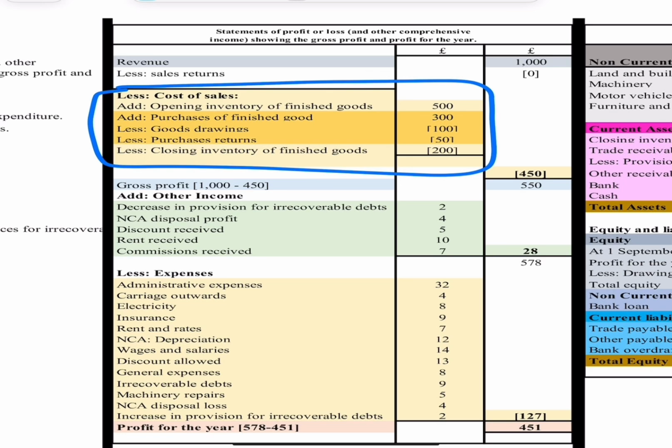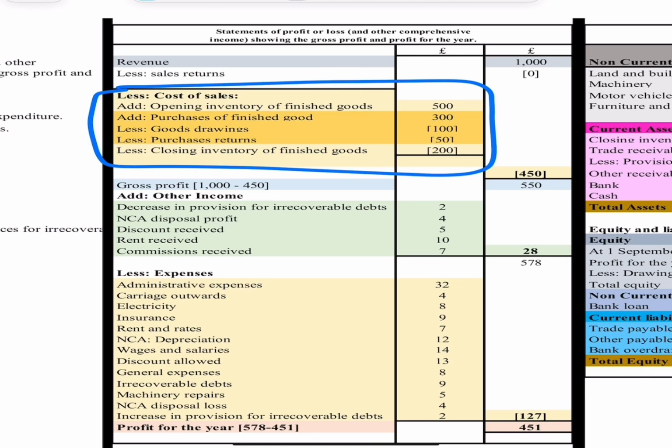That means the rest of the information should be applied throughout completing the statement. Revenue, sales return, other income, less expenses. By doing that, we find profit or loss for the year.